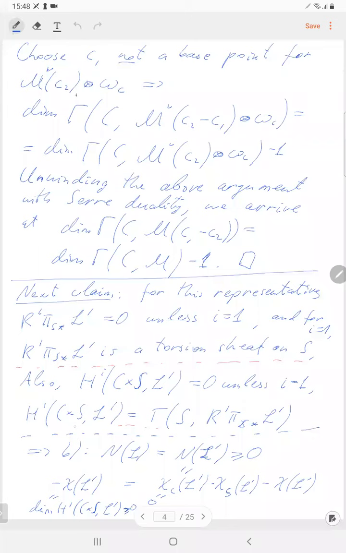That we only have the first cohomology, and this first cohomology is the global sections of the base curve S with coefficients in the skyscraper sheaf. That is the first direct image under projection to S. Okay, maybe I should call this projection to S. Fine. And here too.